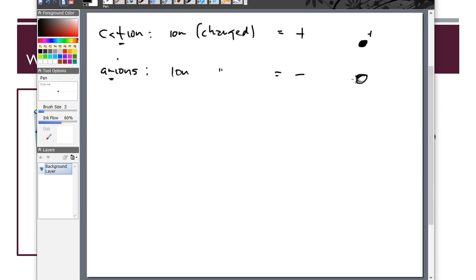So we'll draw another cute little atom right here, and we'll put a little negative up above it, so that way we can look at these and say, oh, there's a positive charge. That's a cation. It makes us sound smart. That's why we use it. And then, oh, look, here's an atom. It's negative. So we're going to call that an anion. Okay, that is the terminology that we're going to have to start using while we are in a laboratory environment.